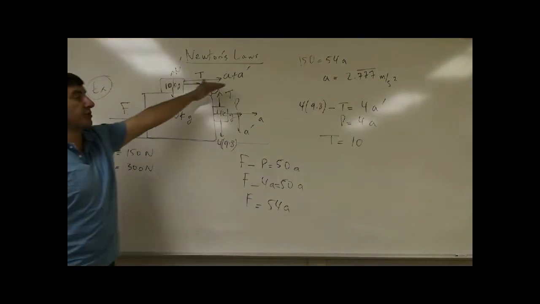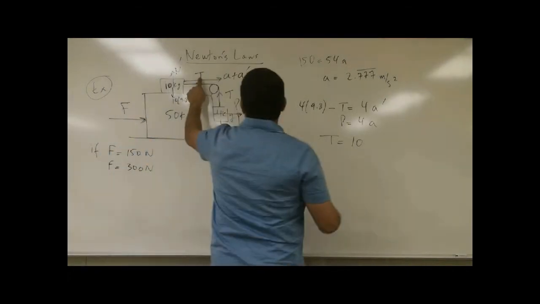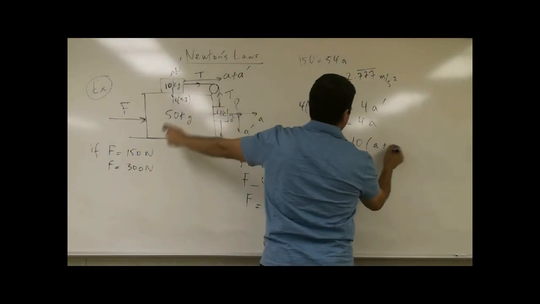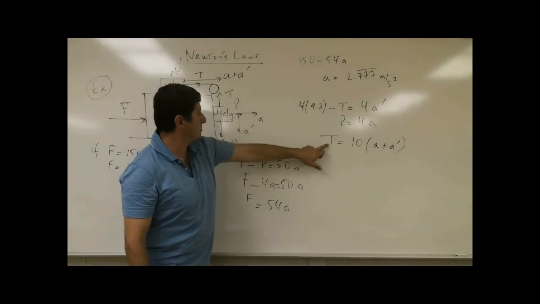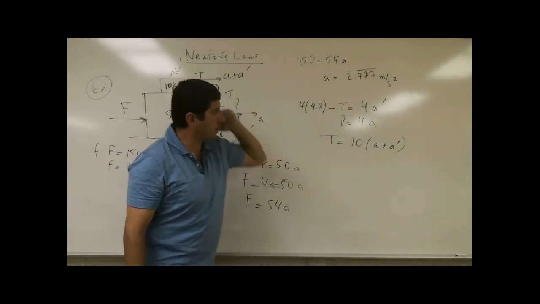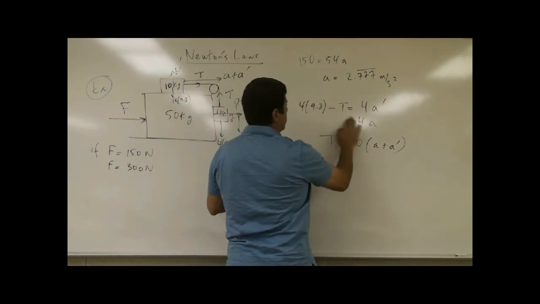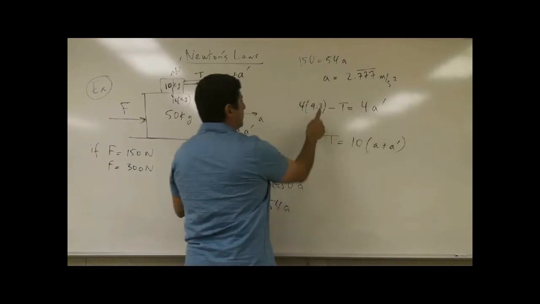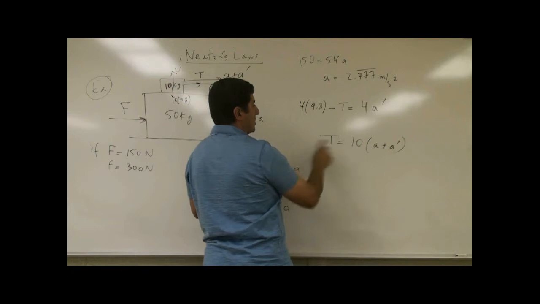So it's actually accelerating with the sum of the two accelerations, right? So we have T is equal to 10 times A plus A prime. Okay? So now we're going to combine this equation and this equation. So let me erase this one. The vertical equation for the 4 kilogram block and the horizontal equation for the 10 kilogram.